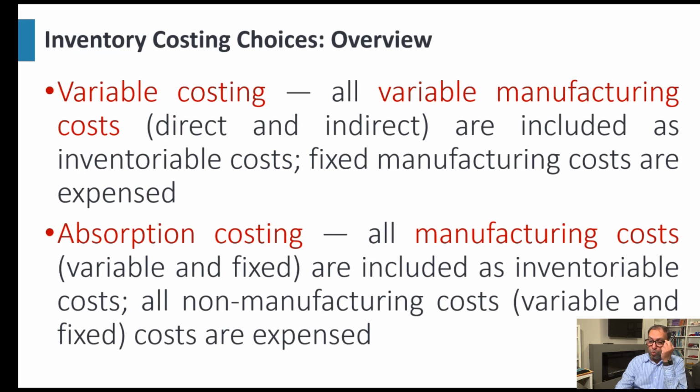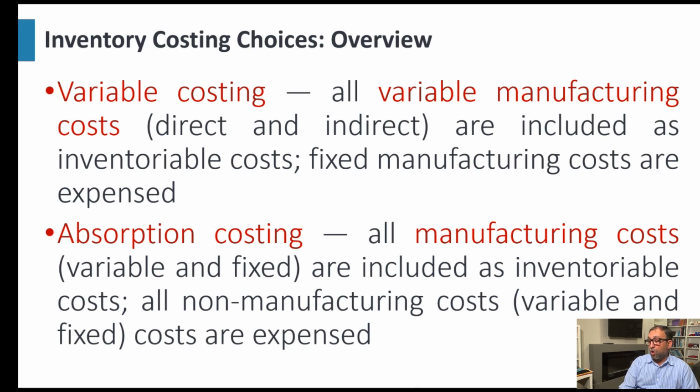So what we have to do is make a choice between using variable costing or absorption costing. These are the two methods we use in order to calculate the cost related to the product. In variable costing, all variable manufacturing costs, direct and indirect, are included as inventoriable cost. When we say inventoriable cost, it means that we are adding towards the cost of goods manufactured and cost of goods sold, out of which what is sold is subtracted, and the rest is the inventory.